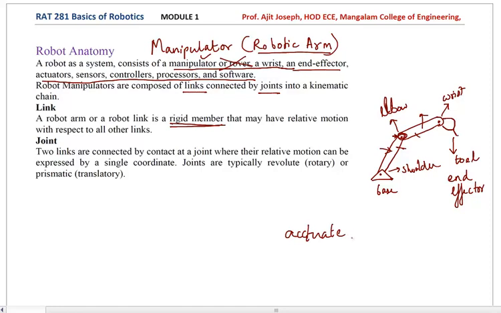So to actuate means to basically give power. So you may have a joint which is not actuated or which is actuated. If you have a joint which is actuated, it means there is a motor connected there, and the motor is basically turning the joint.